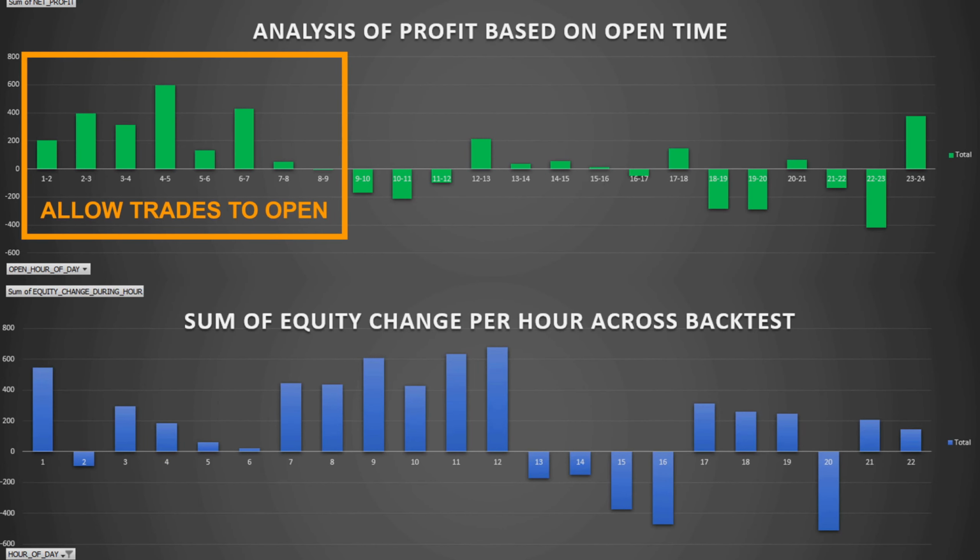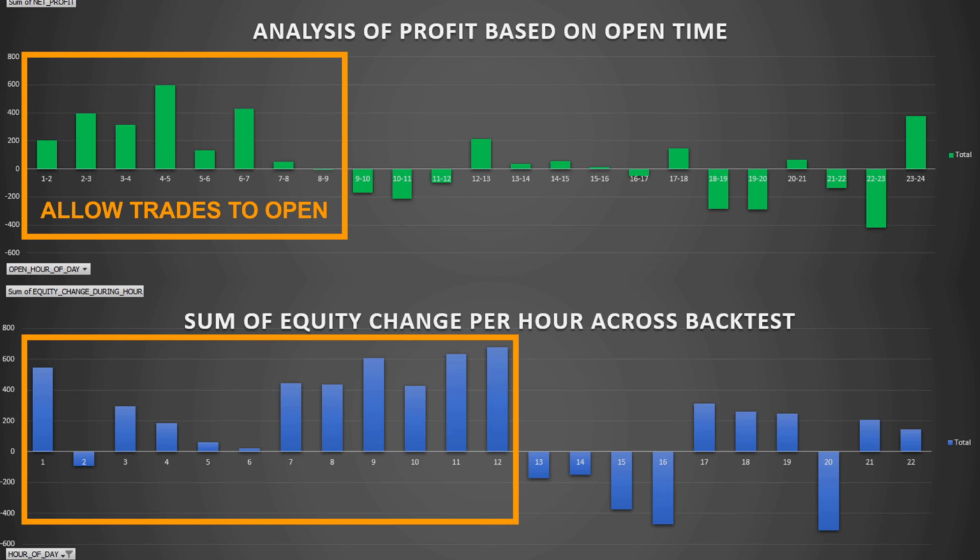And so what equity flow analysis enables us to do is to identify the maximum period of time that we will allow trades to remain open for. Now, many of those positions, of course, will close organically based on their exit during this early European session.